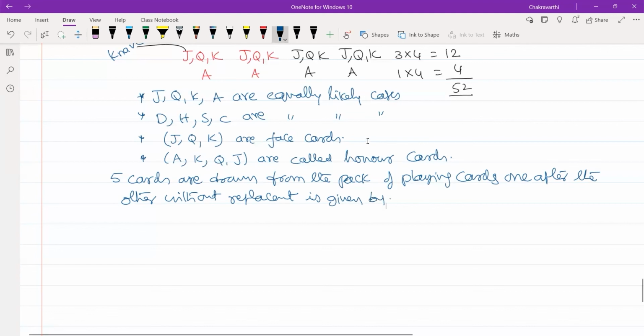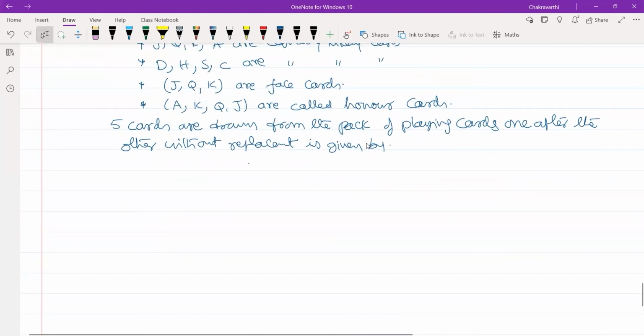In the first drawing, you have to select one card here. Then in the second drawing, the pack contains 51 cards. You can select one card here. Next one here, 50C1. Next one is 49C1. Next one is 48C1. Without replacement conditions, you can choose like this. But actually, it is a permutation concept.